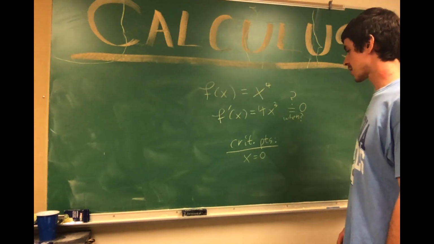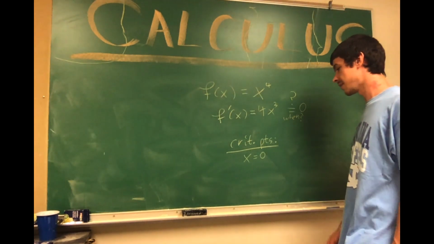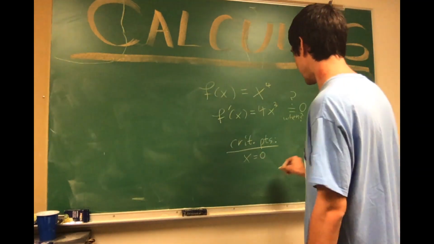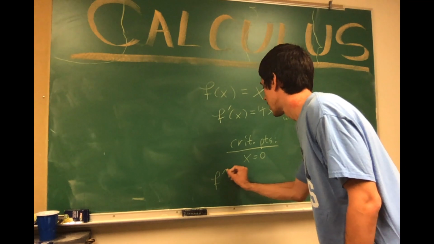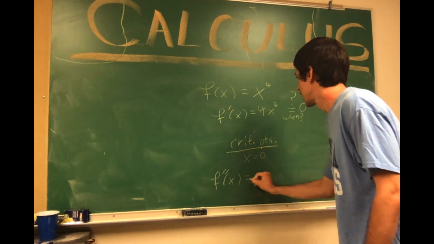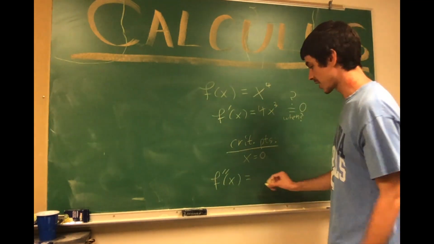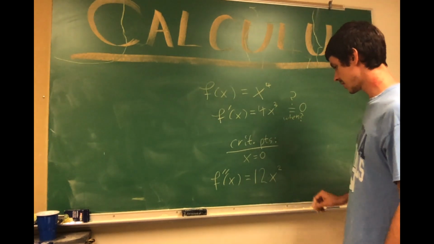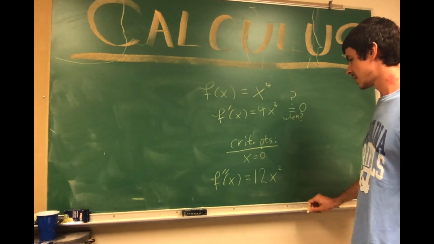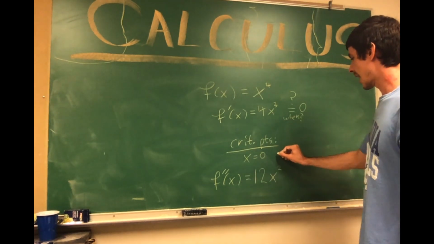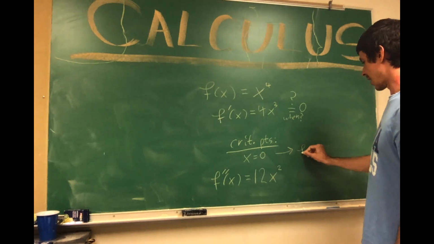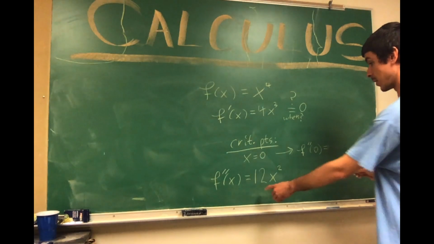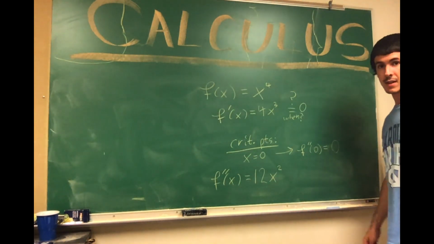So then we ask, at this critical point, what happens with the second derivative? In this case, f double prime of x equals the derivative of f prime of x, so that's going to be 4 times 3, 12, times x squared. So at x equals 0, f double prime of 0 equals 12 times 0 squared, which equals 0.